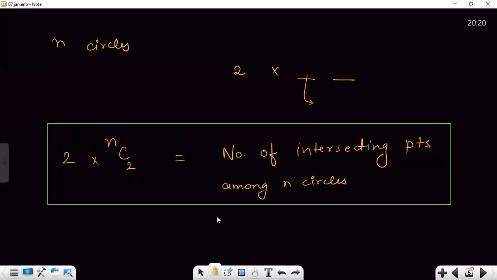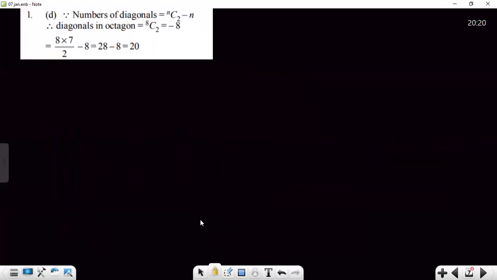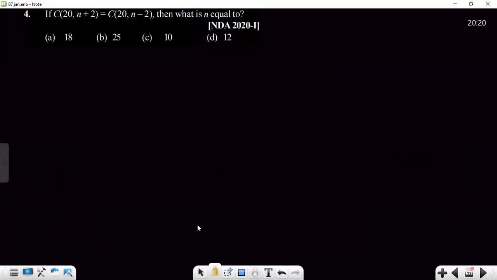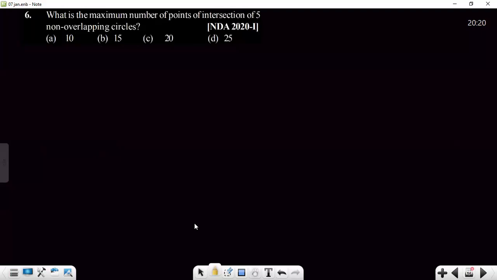Now let's take an example of the same. In this question we have to find the maximum number of points of intersection of 5 non-overlapping circles.